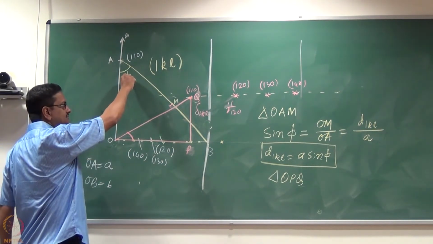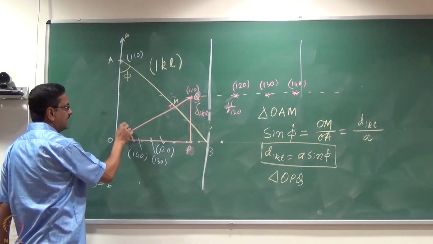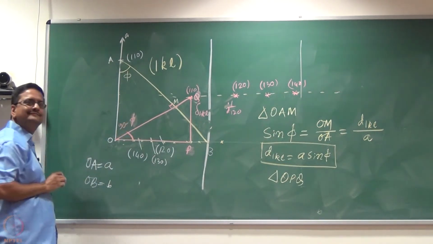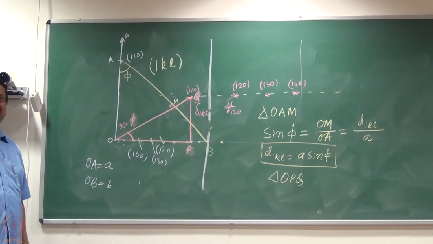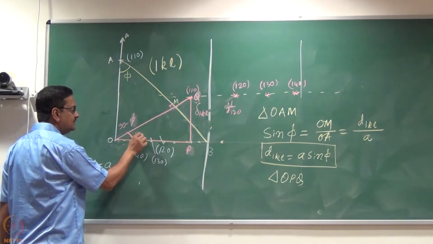This is phi, this is 90, this is 90 minus phi, sorry. I am also writing the wrong thing. That is why phi is better. 90 minus phi. So this becomes phi.